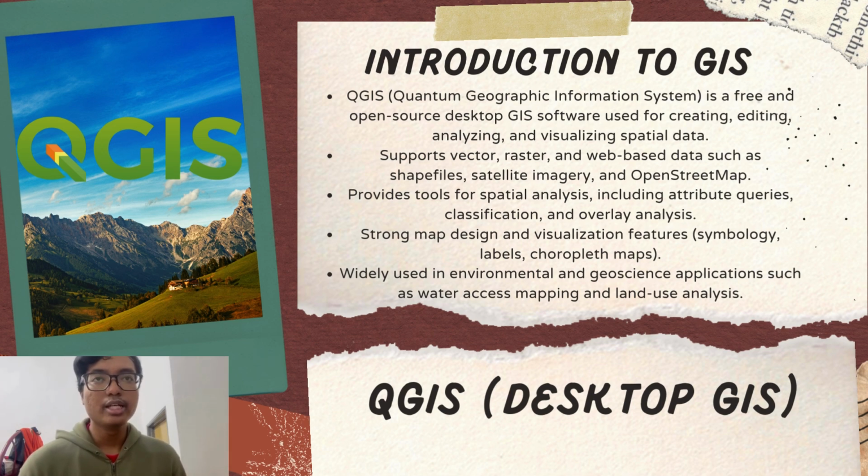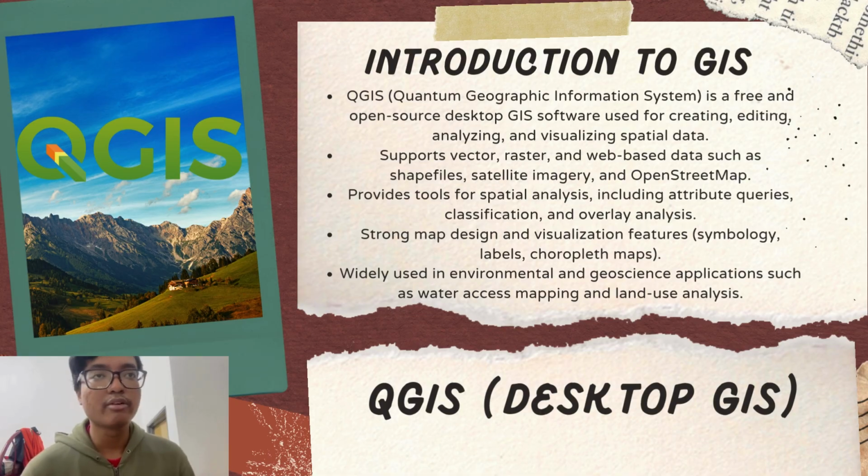Even though it's free, it contains many features such as support for vector, raster and web-based data such as shapefiles, satellite imagery, and also OpenStreetMap. It also provides tools such as spatial analysis, and a bunch of plugins that we can download and install, including attribute queries, table classification, and overlay analysis.